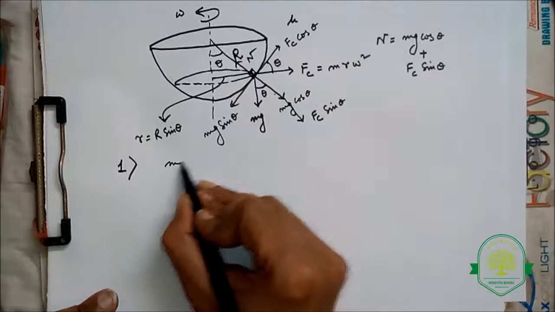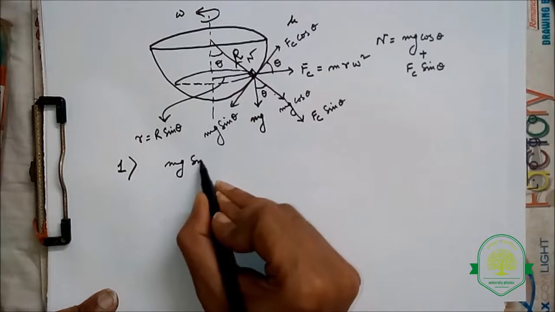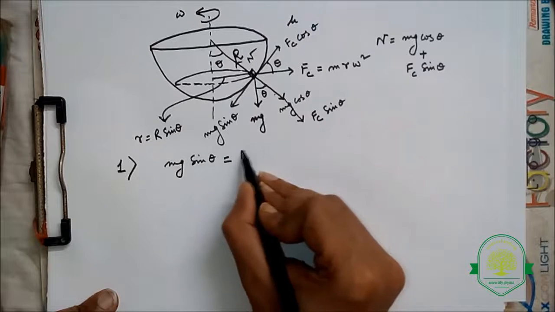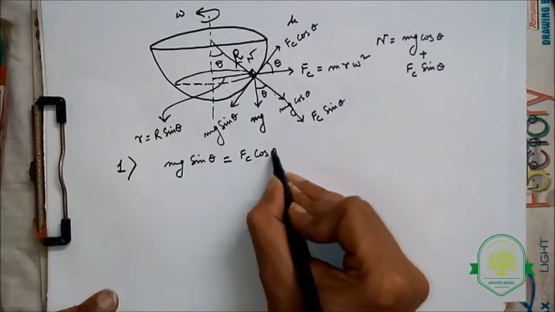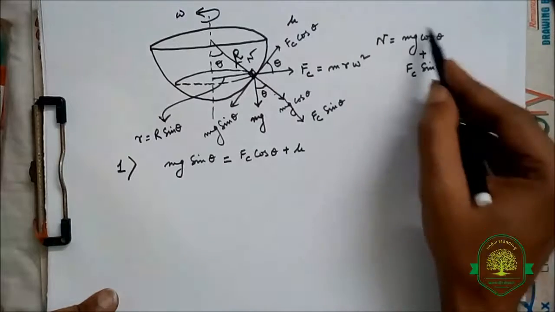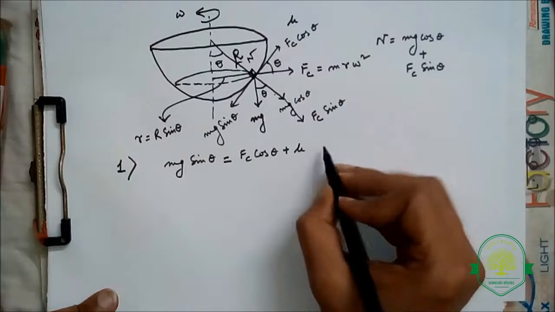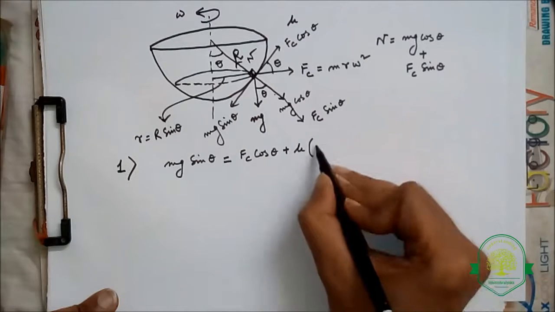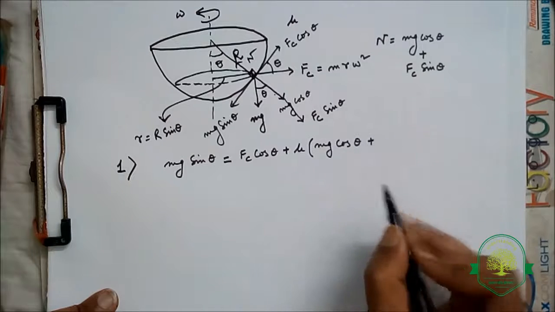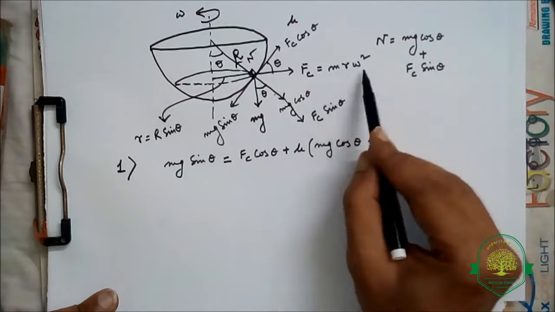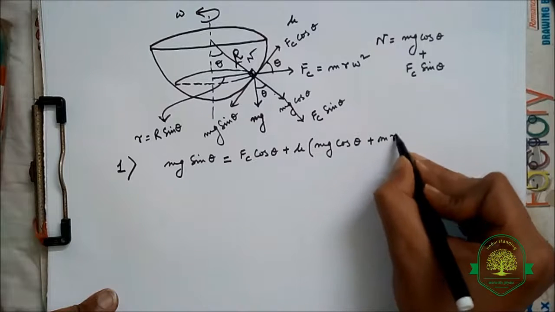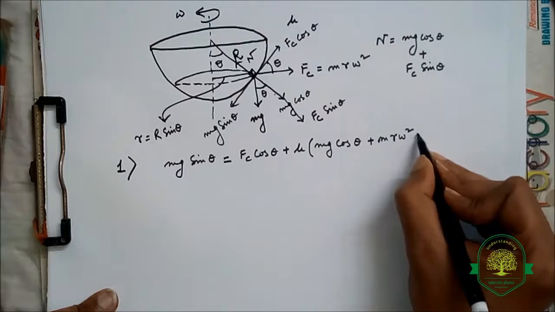So our equation for equilibrium condition of the block is mg sin theta equals fc cos theta plus the frictional force. Frictional force is just mu times normal reaction, being this. So normal reaction is mg cos theta plus fc sin theta, where fc is m r omega squared. So it's just m r omega squared sin theta.